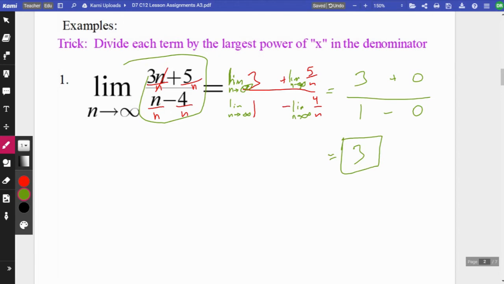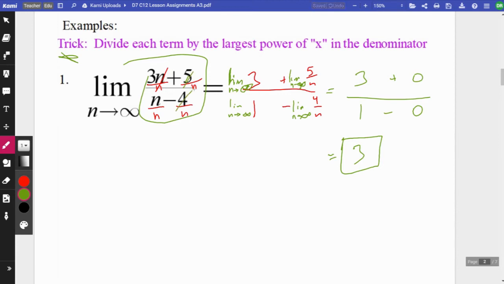So that's why it's important to use this little trick of dividing every term in this problem by the denominator's largest power of x. In this case, it was just n, but we divide by n in each term, and then we can see that everything falls away. The 5 and the 4 don't really matter.